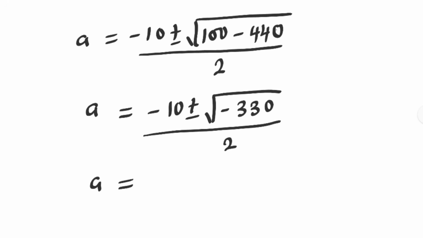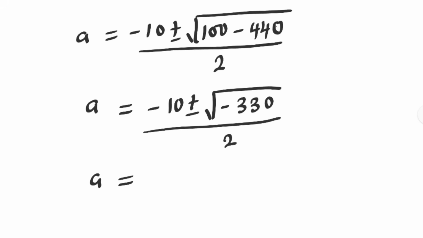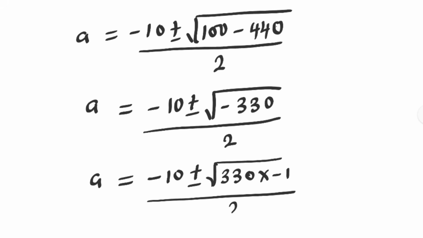A is equal to minus 10 plus or minus square root of minus 330 can be written as square root of 330 multiplied by minus 1 divided by 2.